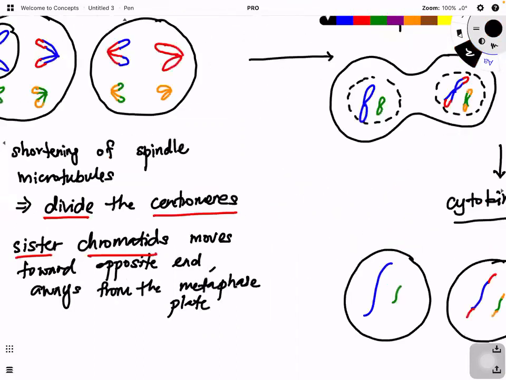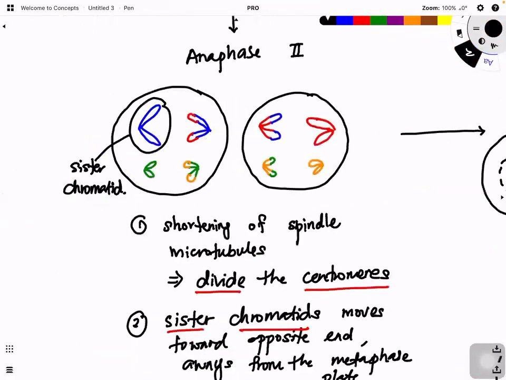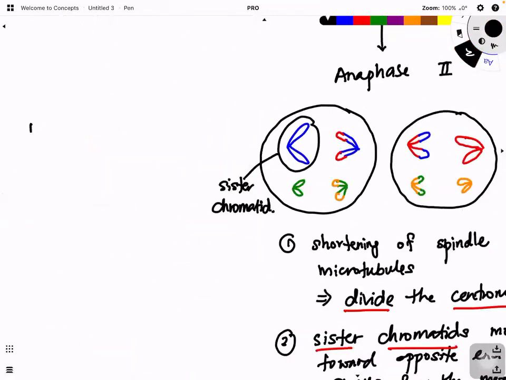So now go back to anaphase 2. If I ask you the number of chromosomes, this is a question that is always asked, but in anaphase 2 they actually refer to sister chromatids. Are you clear? This is the thing that students always confuse.